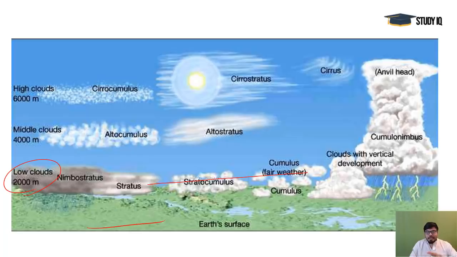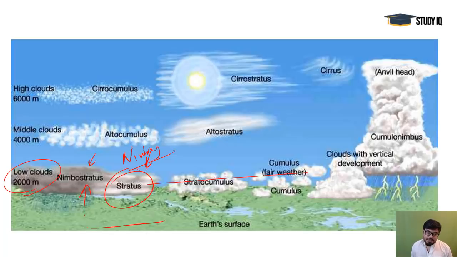If these are spread like a sheet, then these are stratus clouds. If they are light in color, they will not bring any rains. If they are dark in color, then they will bring rains. If they are related to rain, then nimbo or nimbus is added. So stratus clouds if spread like a sheet, and nimbostratus if they are darker ones.